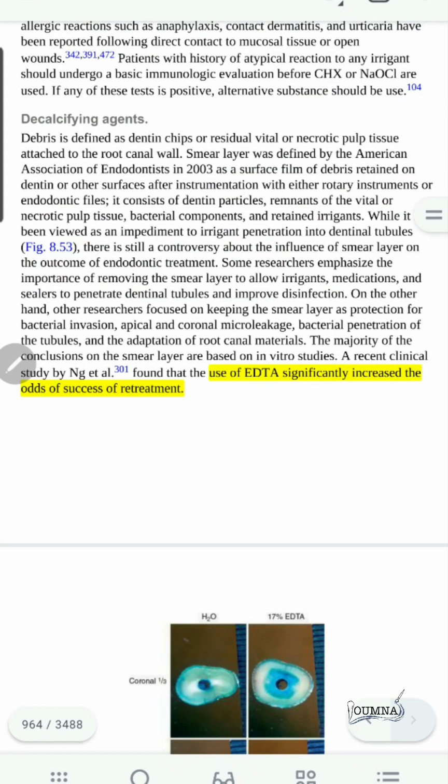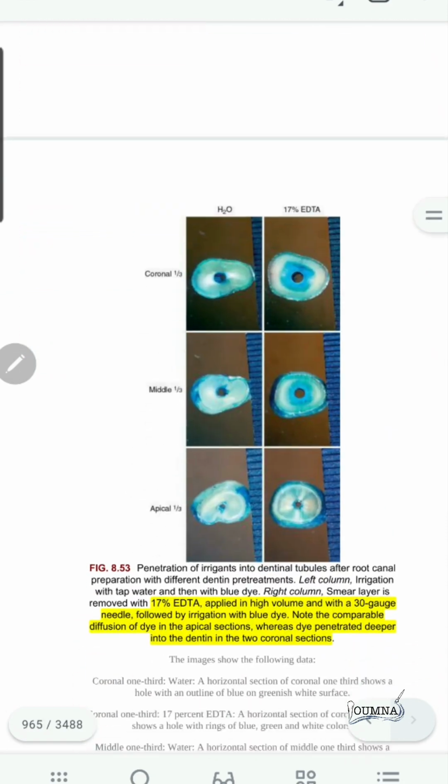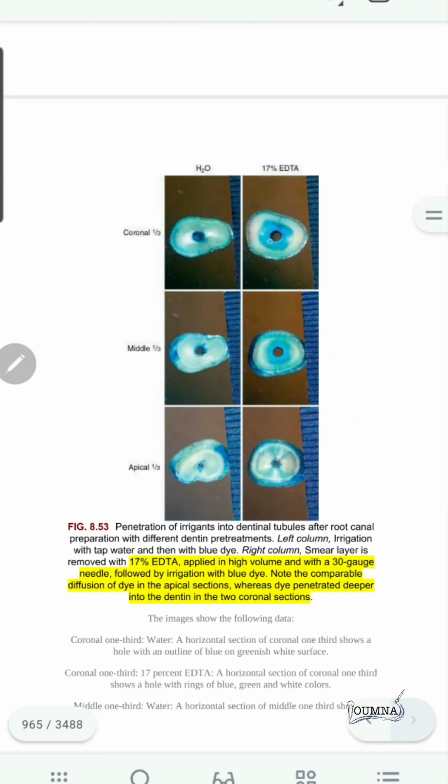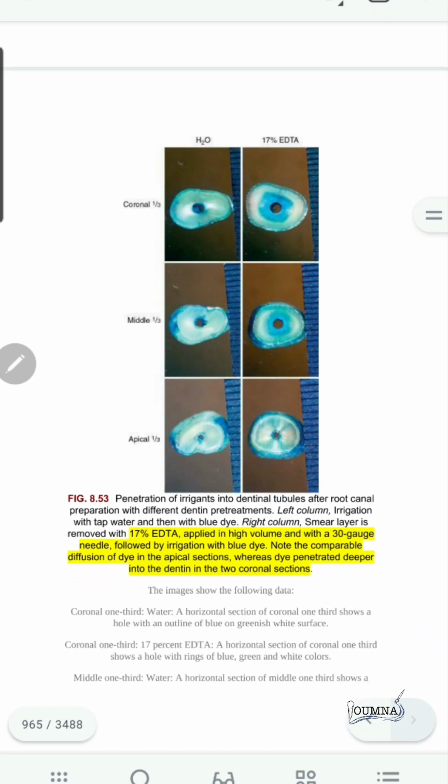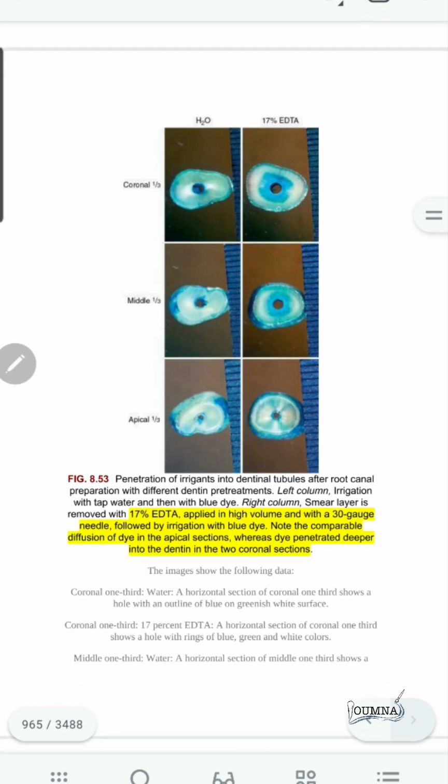Now let's talk about the decalcifying agent, which is the EDTA. Here we have the EDTA applied to a tooth, and this tooth was sectioned into 3 parts: coronal, middle, and apical. We can see how it penetrates through the dentinal tubules in comparison to irrigation with water by itself.